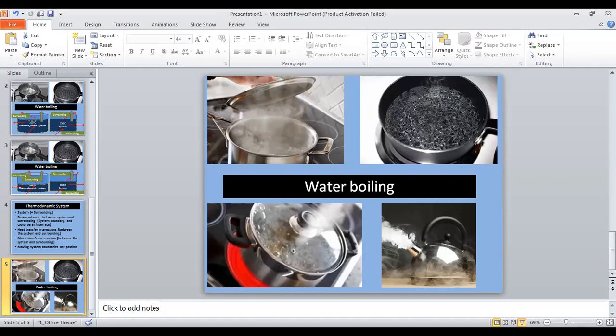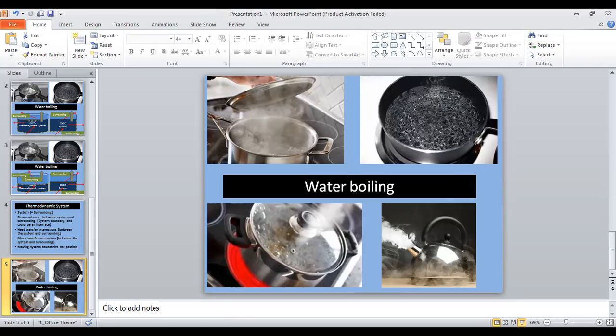Here, no such, because it is all the time releasing, it is not that visible. But here you can see some moisture is trapped and released. The same, trapped and released. The kettle is also the same.